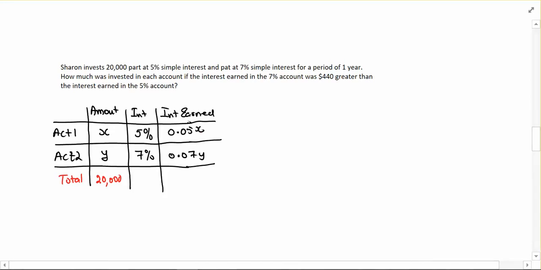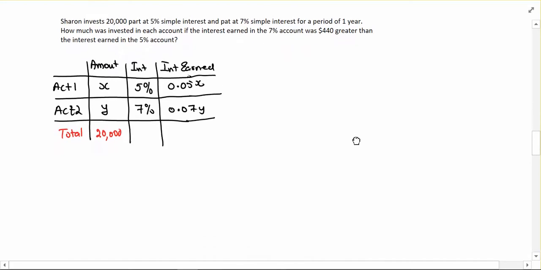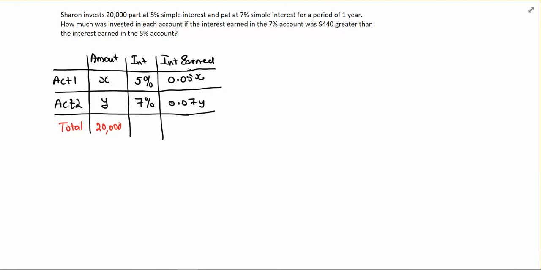But let's see, we don't know two things, and if you remember back to systems of equations, if you don't know two things, you need two equations. So one equation is easy. That's x plus y equals 20,000. The other one comes from the interest, and that's where we really have to understand how these things relate.